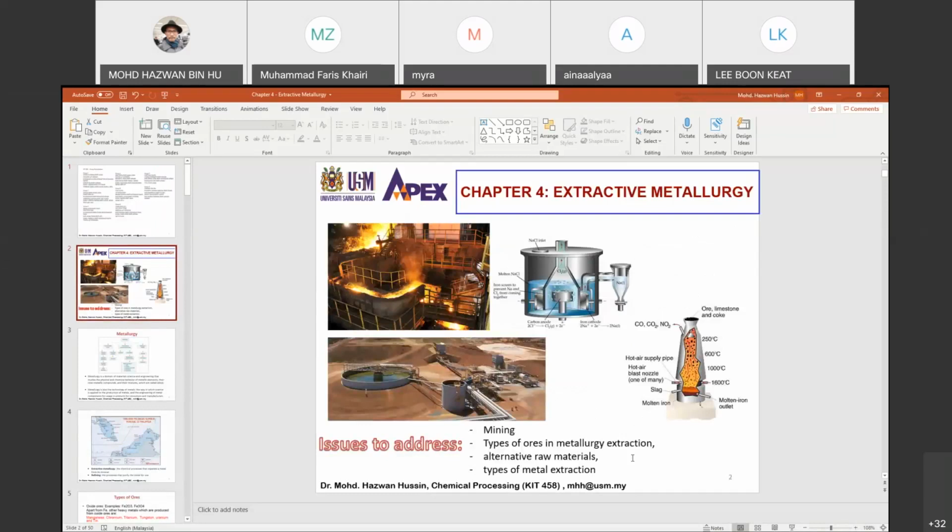So basically today we are going to start with a new chapter, chapter 4, extractive metallurgy. Okay. Those of you from industrial chemistry will notice there's one experiment in extractive metallurgy in your KIT 357, industrial practicals. I think experiment 6, still with me, extractions of metals.